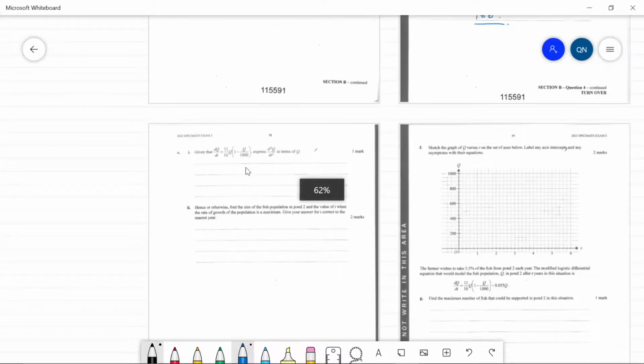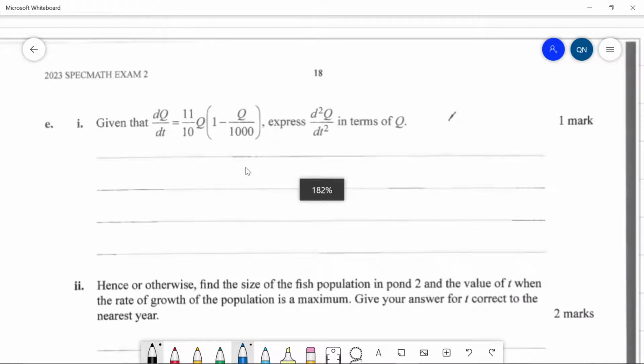Alright, part E. Given that dQ/dt equals this thing, express d squared Q on dt squared in terms of Q. So we can use the product rule, probably. So instead of writing dQ and dt, I'm just going to write Q prime. So Q double prime is equal to, so we have 11 on 10, which we can factor out.